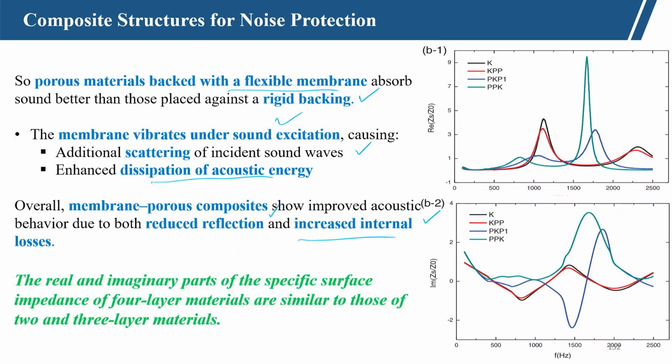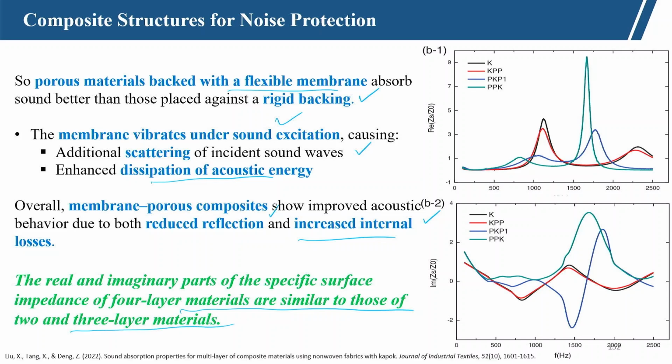The real and imaginary part of the specific surface impedance of 4 layer material are similar to those of the 2 and 3 layers of material. So, that is the observation.